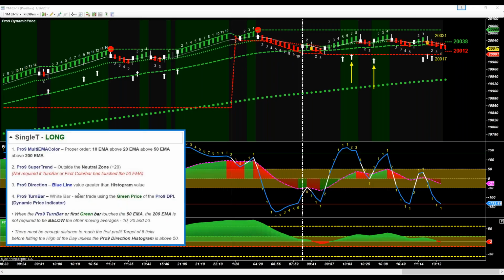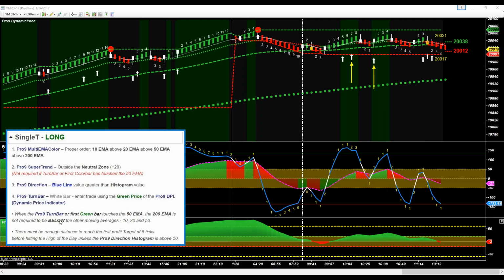And if we look at the rules for a single T, notice by default, we're also concerned with the 200. So we need all 4 of our EMAs in the correct order. We are again looking for our super trend to be outside the neutral zone, and also again looking for the blue line to be greater than the histogram value. And just like with the continuation, we can ignore the super trend if the turn bar or first color bar touches the 50 EMA at some point.